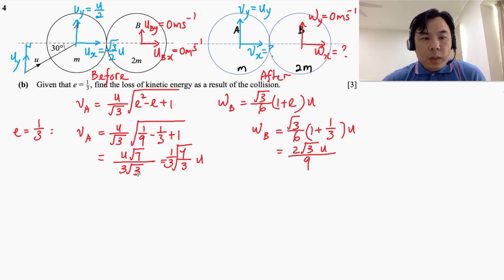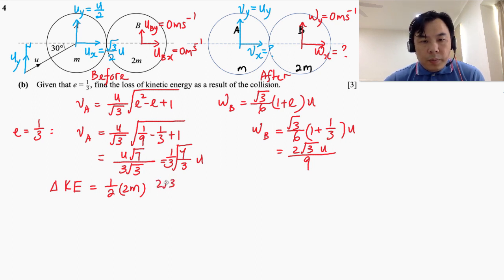That's the speed. Now we are interested to find out the loss of kinetic energy. Now, usually we would prefer to find the change in kinetic energy. So the change in kinetic energy usually is the total final kinetic energy subtracted by the total initial kinetic energy. So total, I'm going to do B first. So B is this one here.